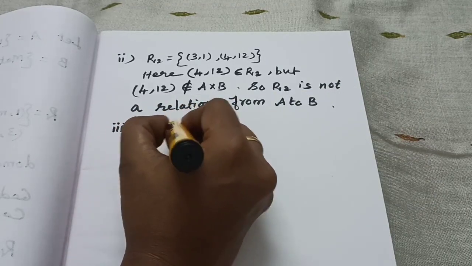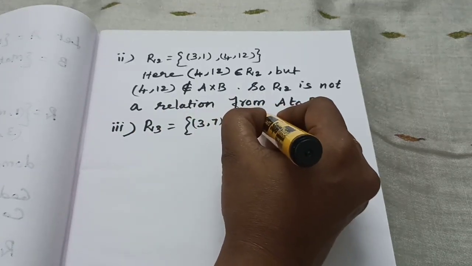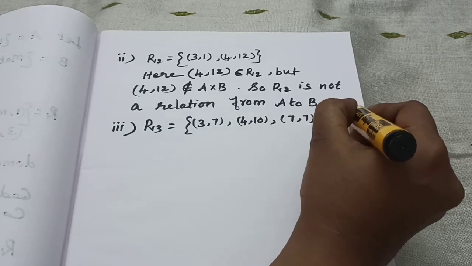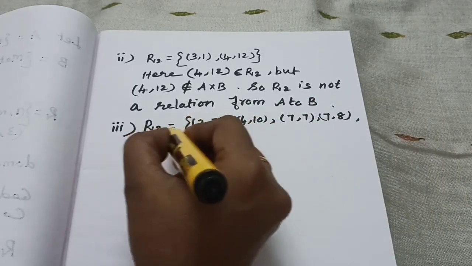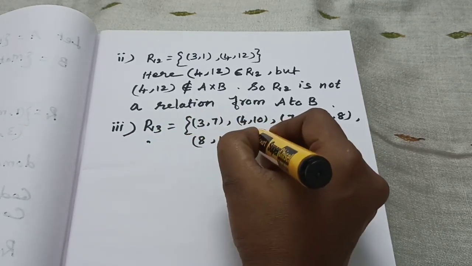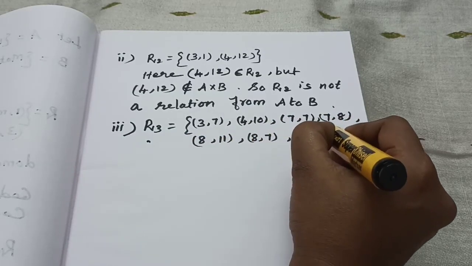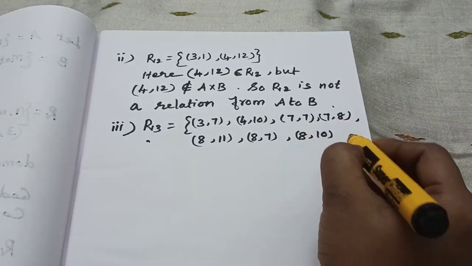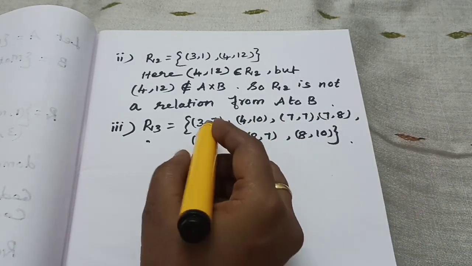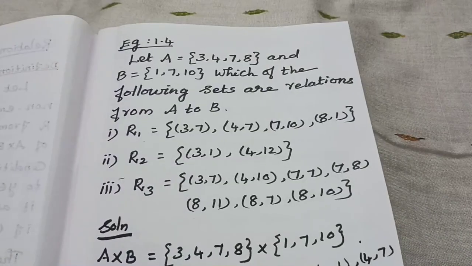Then the third subdivision: R3 is equal to the set {(3, 7), (4, 10), (7, 7), (7, 8), (8, 11), (8, 7), (8, 10)}. Now we have to check. (3, 7) is in A cross B?